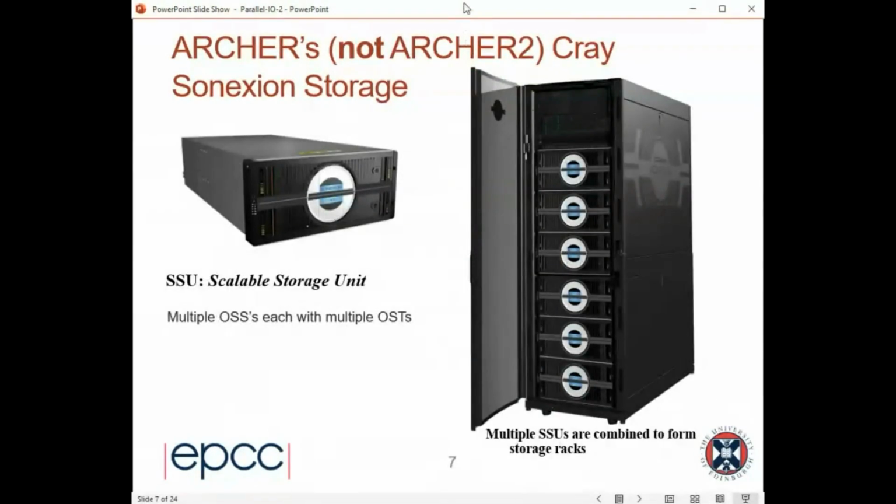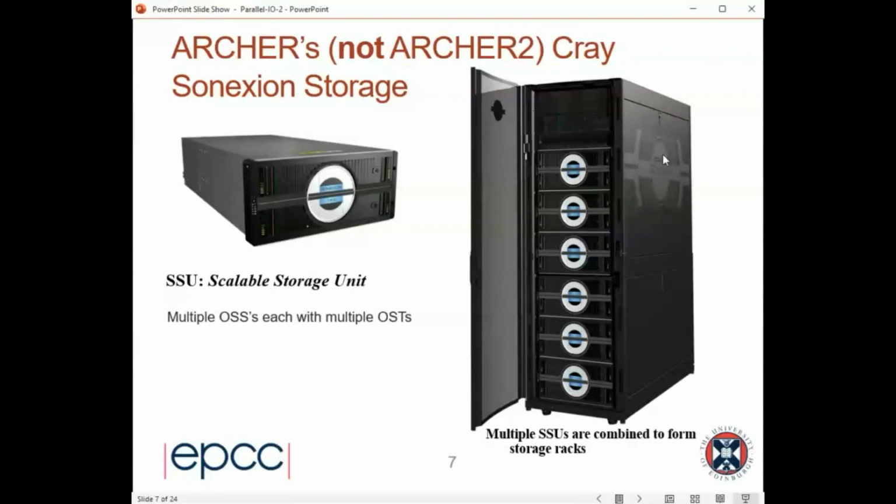So this is a picture of, I don't have pictures of ARCHER2, these are of ARCHER, but it shows you what happens. On ARCHER, we had these boxes, each of which had multiple object storage servers, each with multiple disks, multiple object storage targets, and stuffed together in a huge rack.